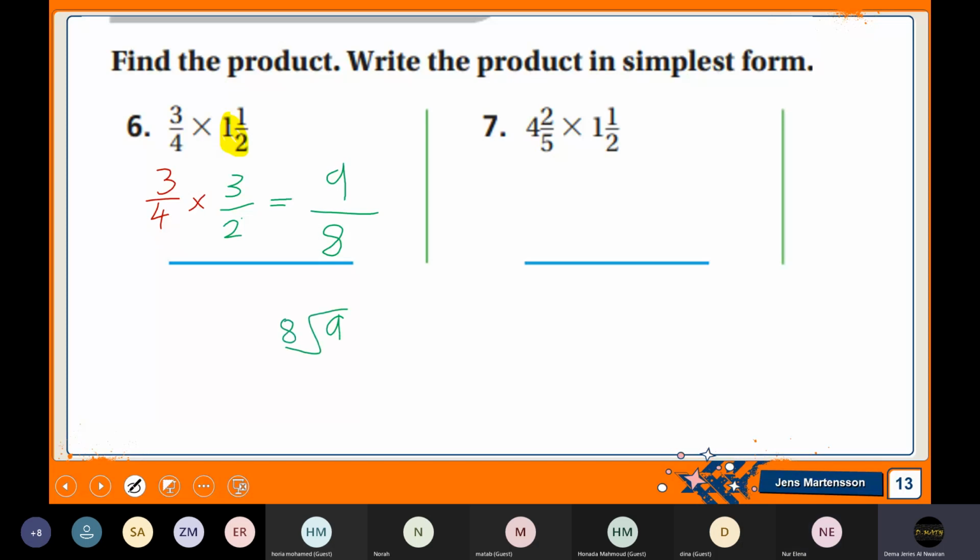Bravo. 1 times 8 equals 8. 9 minus 8 is 1.